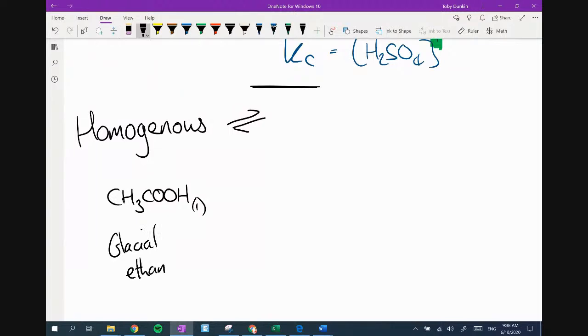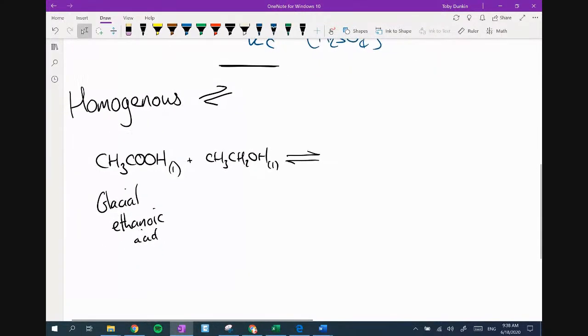It's called glacial because it forms big giant crystals. Glacial ethanoic acid, a liquid, plus pure ethanol, a liquid, can establish an equilibrium to form an ester, a liquid, and water, a liquid.